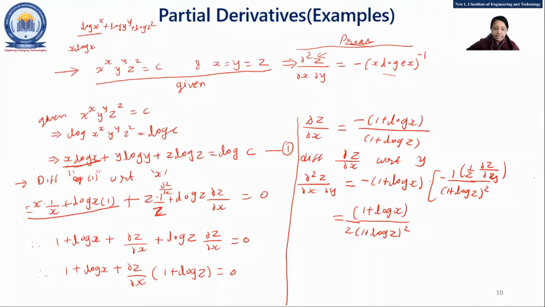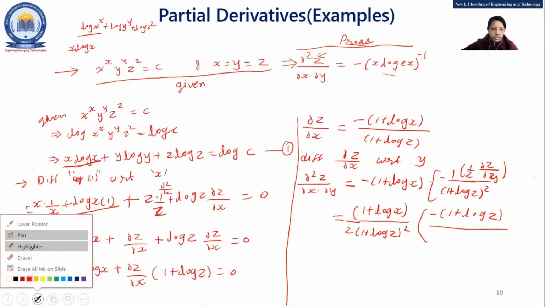According to this, del z by del y we can write what? This 1 plus log x, right? 1 plus log x upon 1 plus log z. So instead of x, I'll write what? 1 plus log y. So I'll write directly minus 1 plus log z upon, sorry, not z, it's y. I'll just update y.